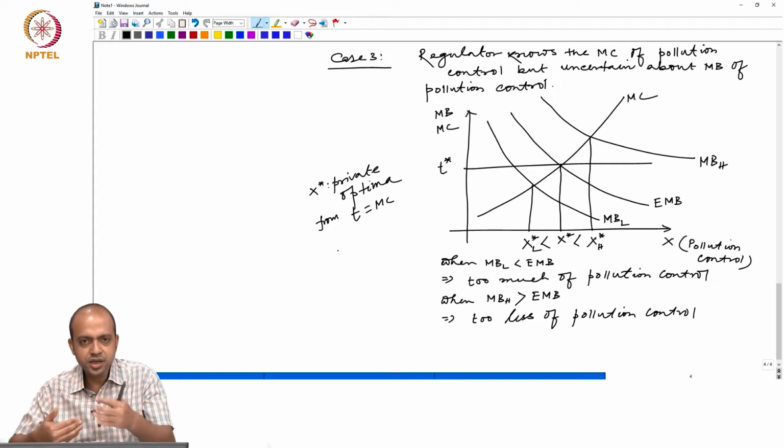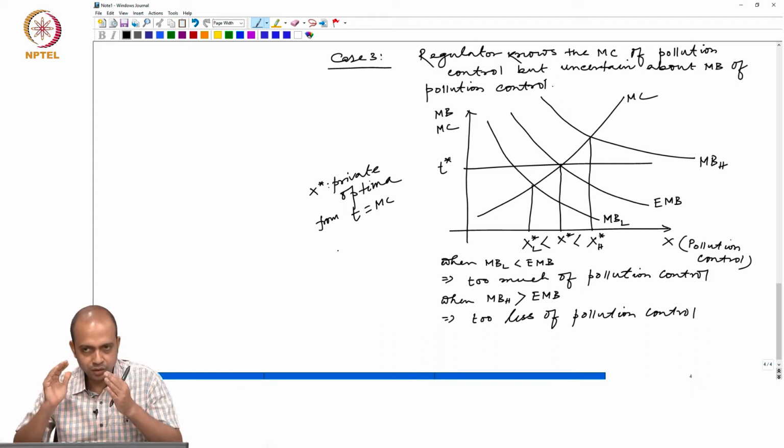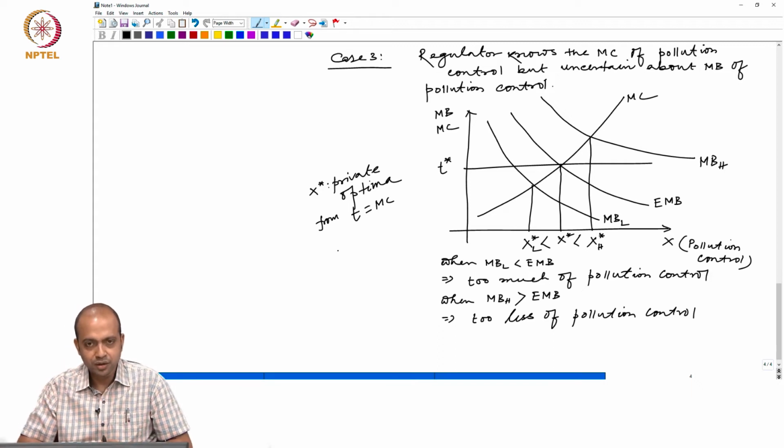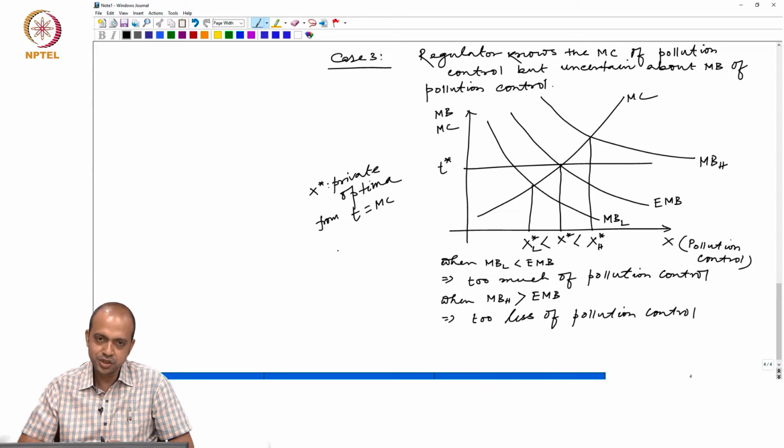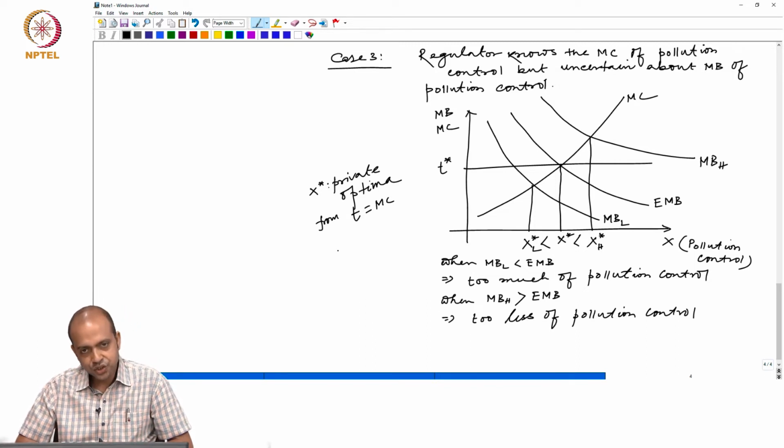So, these cases are very simple, and logically you can analyze all these cases step by step. First you draw your MB and MC depending on which is known, which is unknown. Then next you decide about the optimum tax rate.